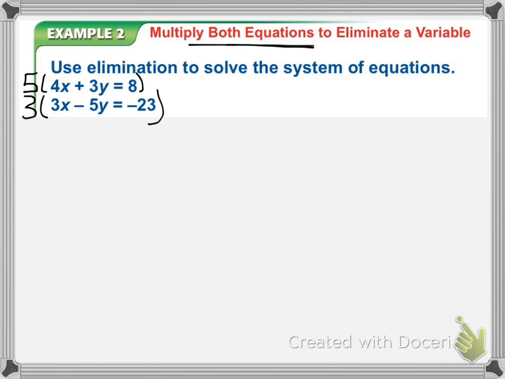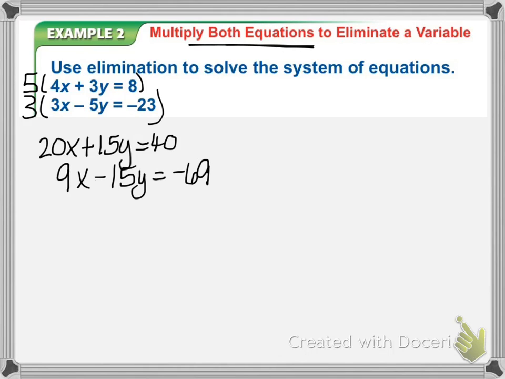Now, there will be times when you'll have to multiply something by a negative something, but we'll get to that in a minute. So go ahead and multiply through both of those equations, and this is what you get. So now notice that you have a positive 15y and a negative 15y. So then go ahead and combine your like terms vertically and solve that system.